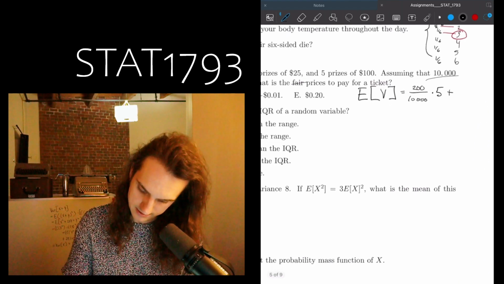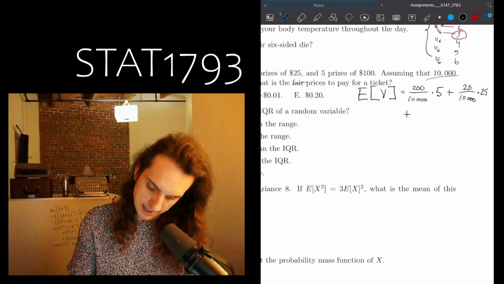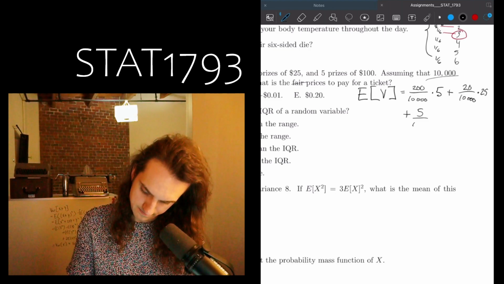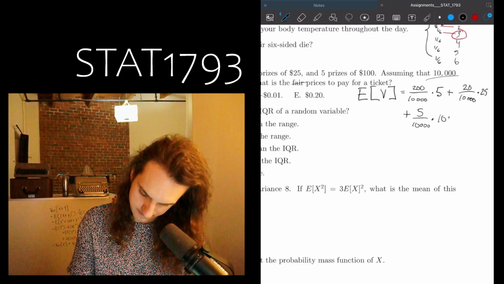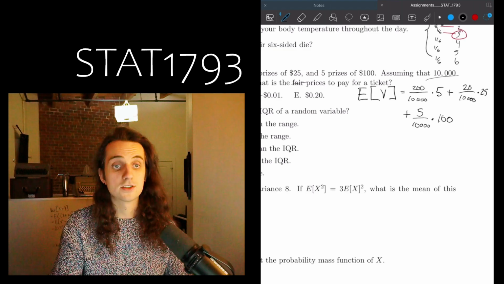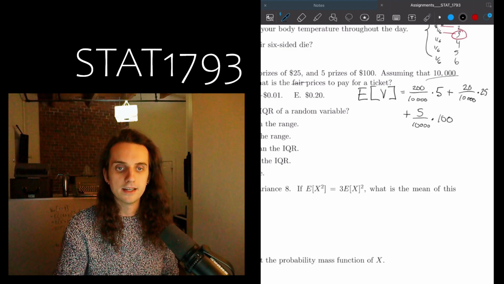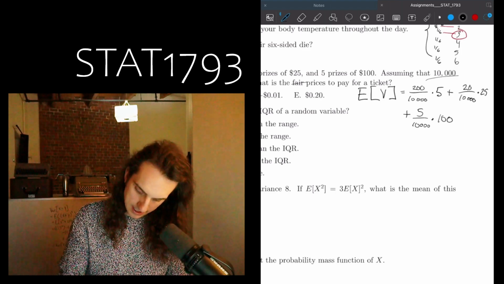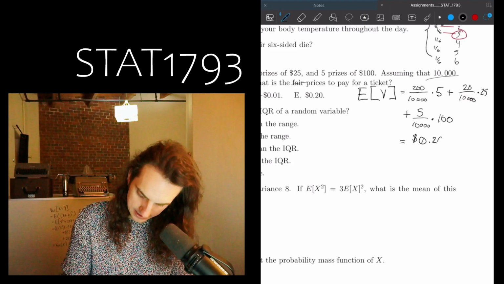So that's 20 out of 10,000 times 25, plus 5 out of 10,000 times 100, right? And so that's our expected value formula here. And in this case, if you do this, I believe that you should get 20 cents, right? So plug this into your calculator, you get 20 cents.